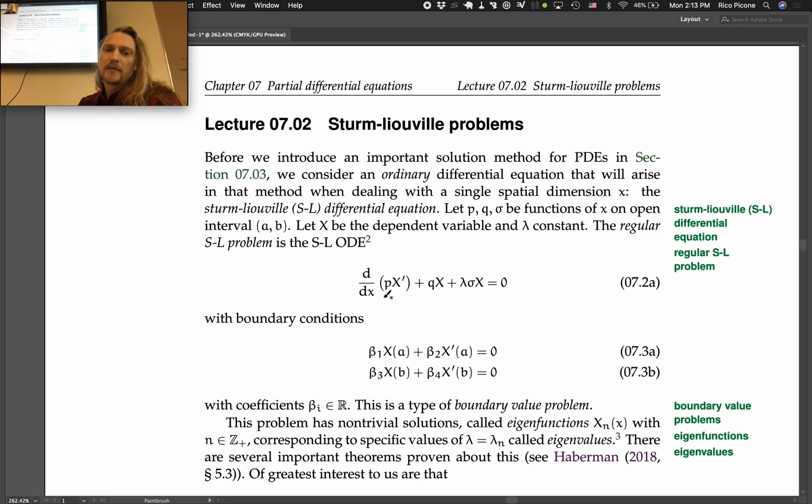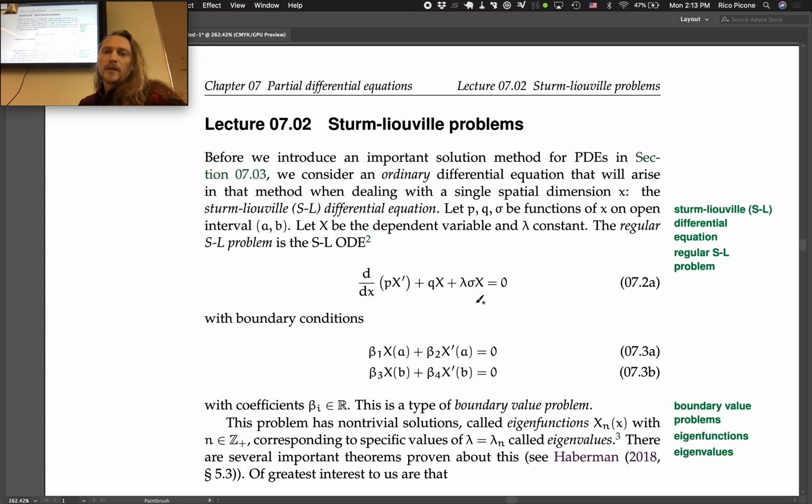The reason we have p in there is that p can, in general, be a function of x. So we need to use the product rule for the differentiation. We have X times q, and then we have lambda and sigma, also multiplying X, equals 0.